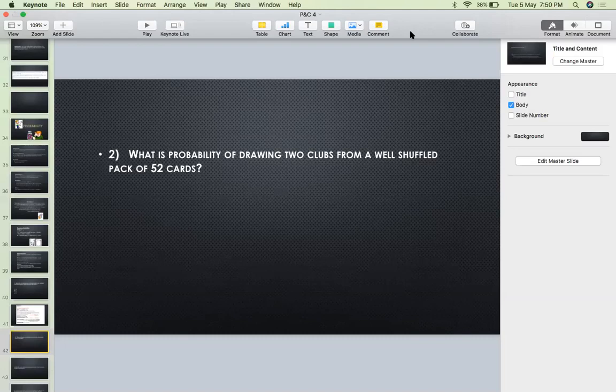So 12 by 51 is the probability that the second card is a club. And since the question is to find the probability that both are clubs, the answer will be 13 by 52 into 12 by 51.